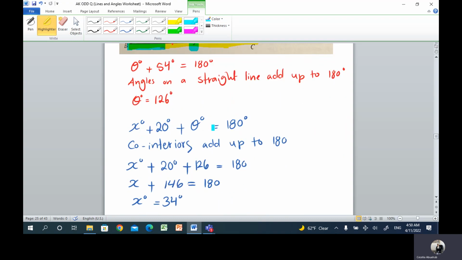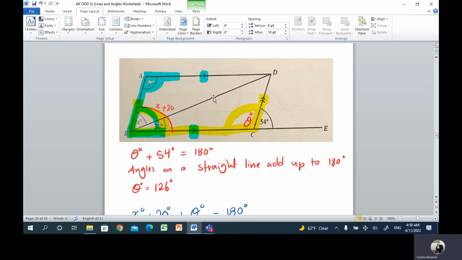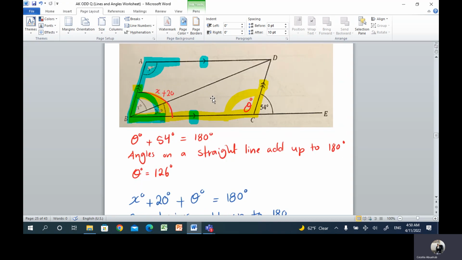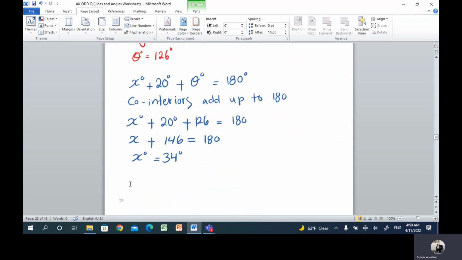So you're going to say that y and x plus 20 are co-interiors, so they add up to 180. So y is my unknown now.